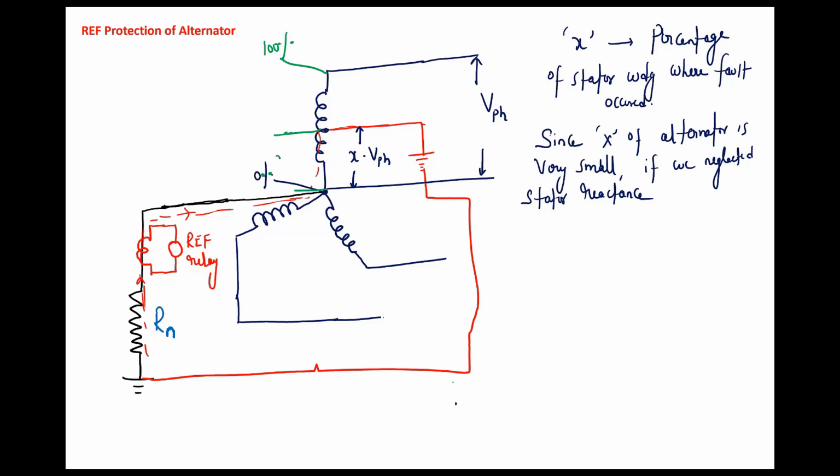Actually, how much it should be? If the total reactance of the generator is Xg, this will be X percentage of Xg, but for all practical purposes, we are neglecting that one. Okay. Now what will happen?